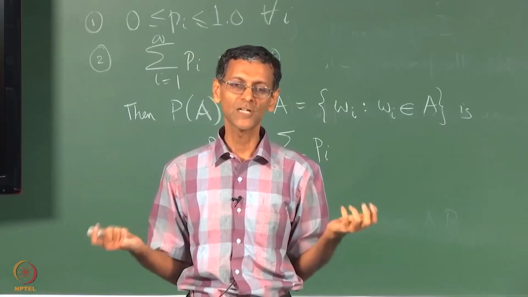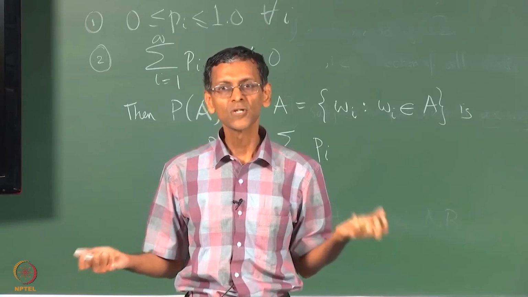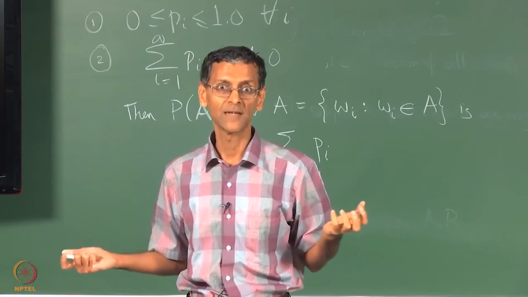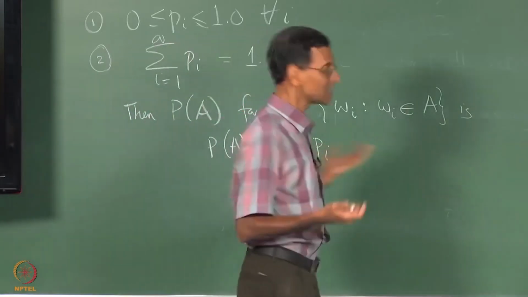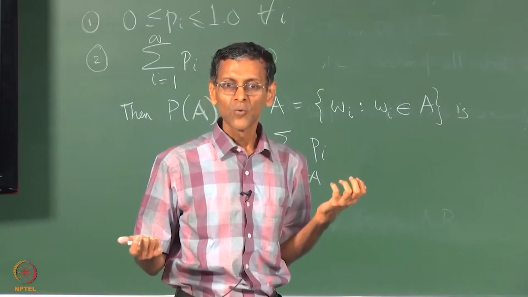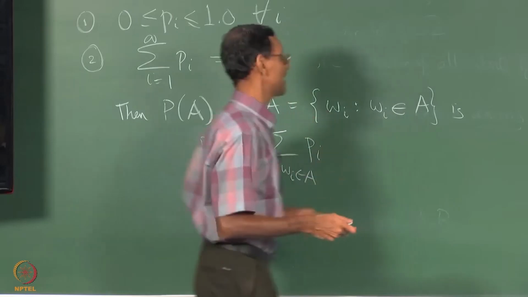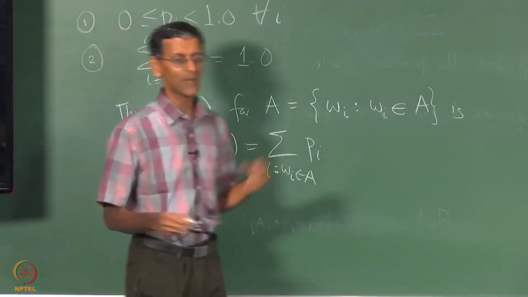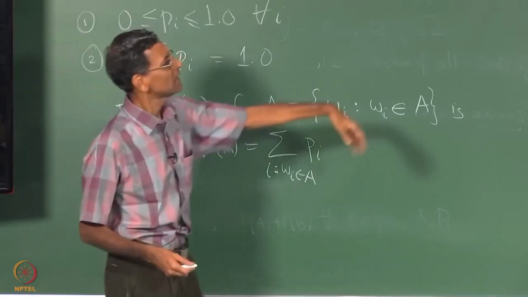So how do we get some correspondence to the real world? Through this concept of relative frequency. If we run the experiment a large number of times, and then count, let us say we run the experiment some capital N times. I have used small n out here, so I have to use a different n.